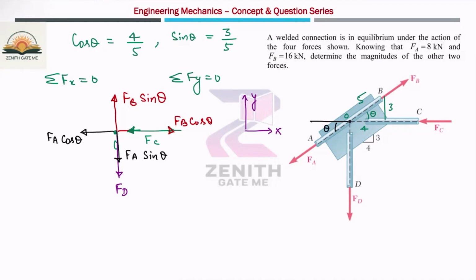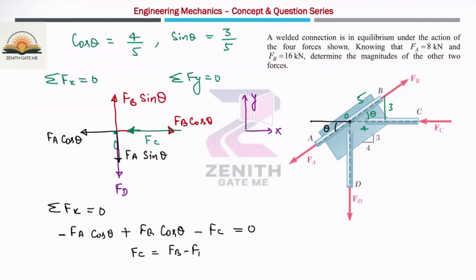By using the summation of force in X direction 0, what you can write? Minus FA cos theta plus FB cos theta minus FC is equal to 0. So can I write FC is equal to FB minus FA cos theta?